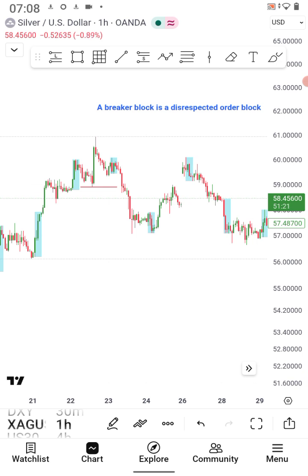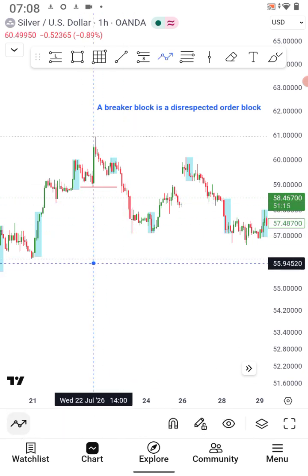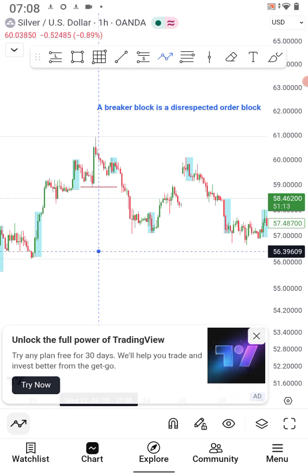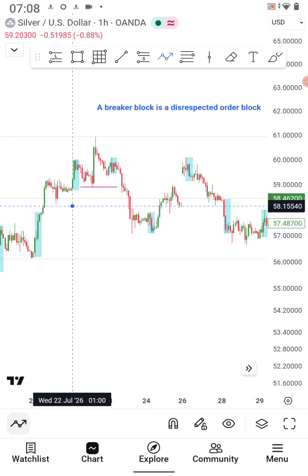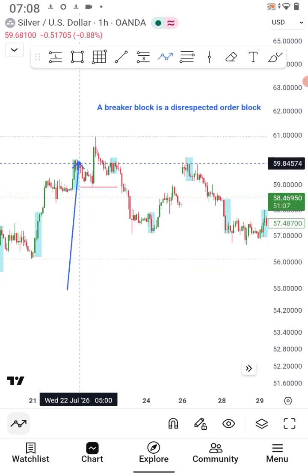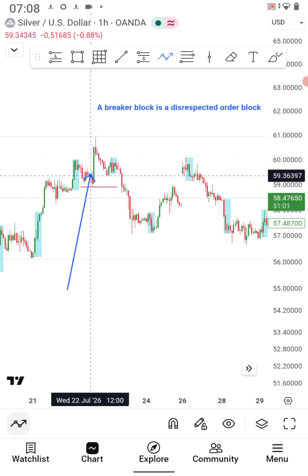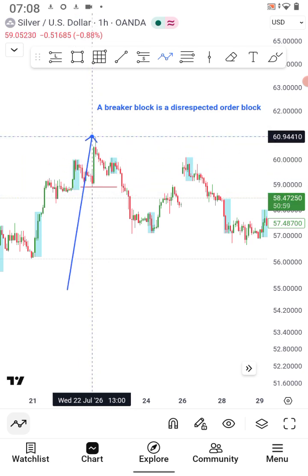If institutional players want to sell, they will not just sell directly. If this is where they are, this is accumulation, they will accumulate, they will drive the market up to get a more favorable price.